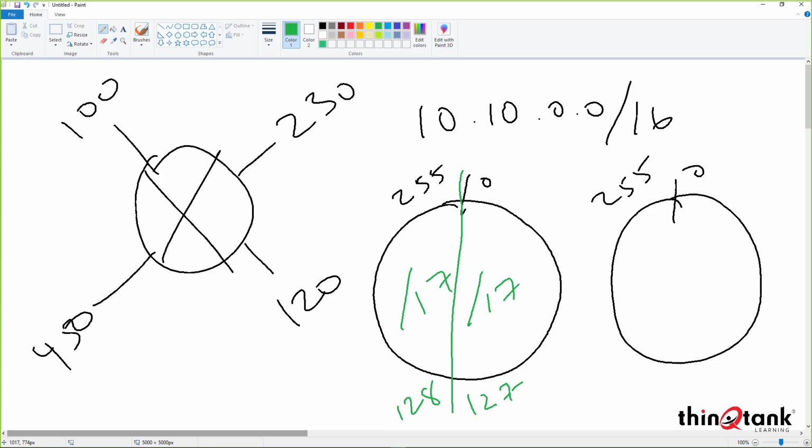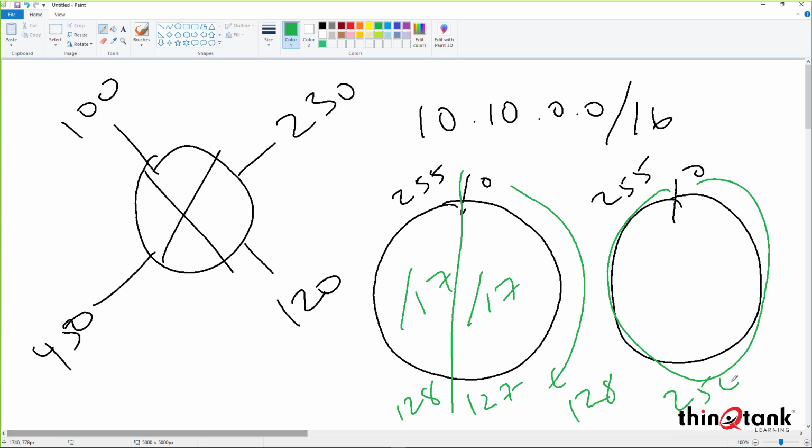But watch how this works. How many host addresses exist in those blocks? I could do the math, right? I could say number of zeros in the mask, which is basically 15 zeros in the mask, 2 to the power 15 minus 2. Or I could say, well, this is 128, and this is 256.